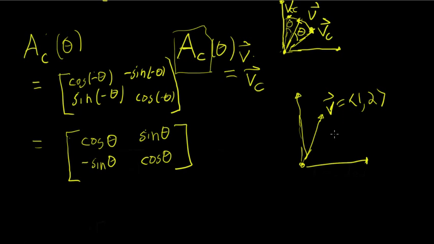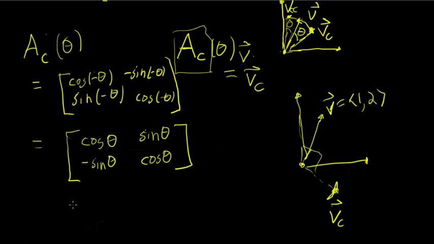We wanted to rotate this pi over 2 clockwise. So say it ends up here. I'll call this v sub c, and we want to figure out where this vector actually ends up, what this v sub c is.